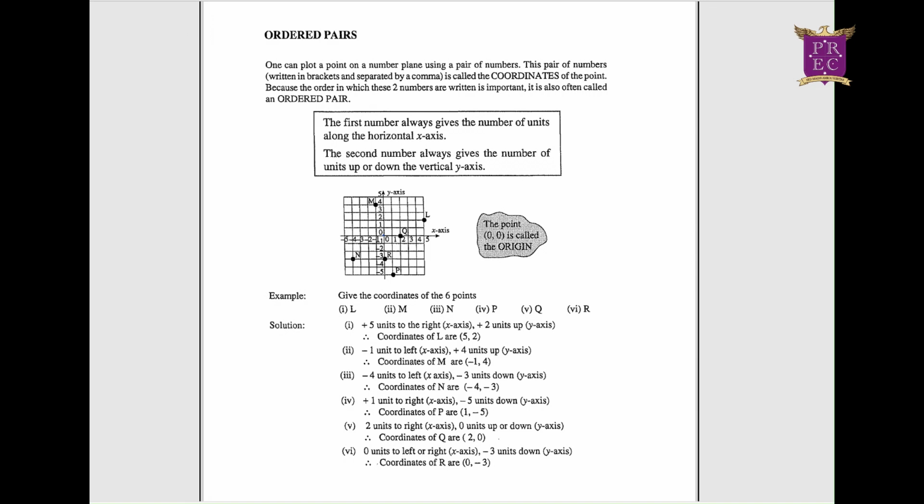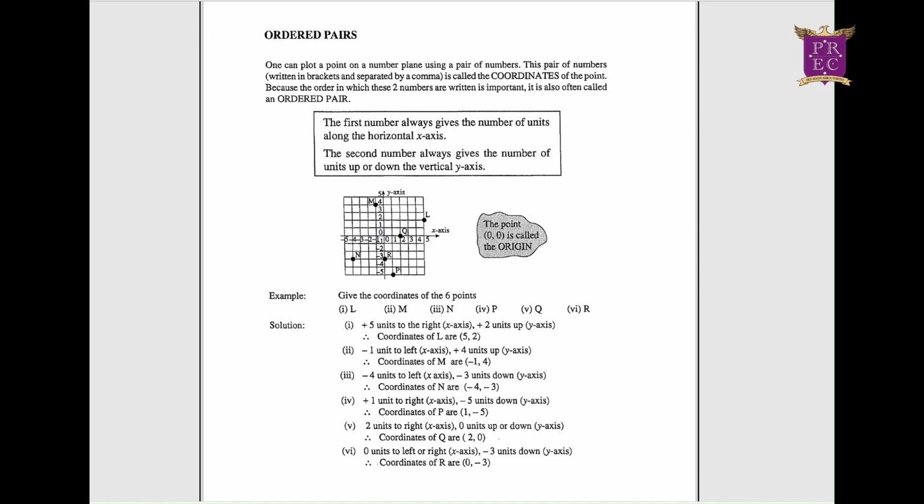For example, let's look at coordinate L here. L is 5 units to the right of the origin and 2 units above the origin, to the top of the origin, right?